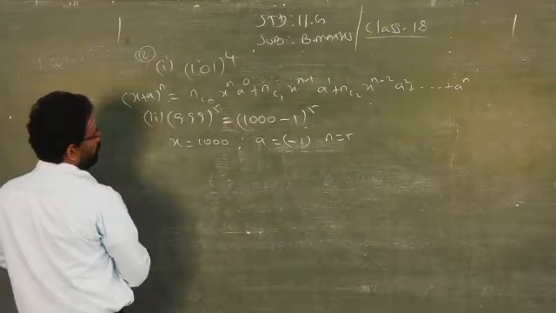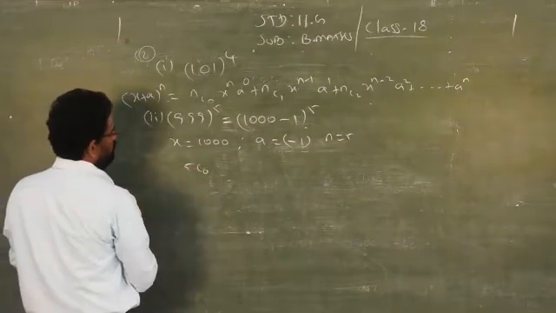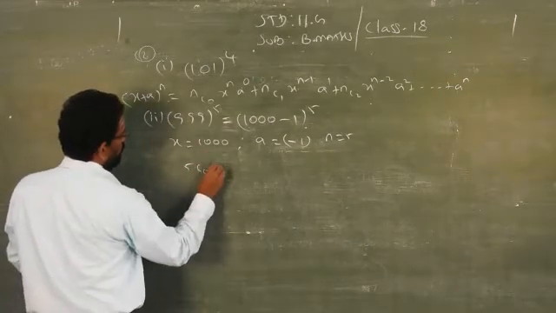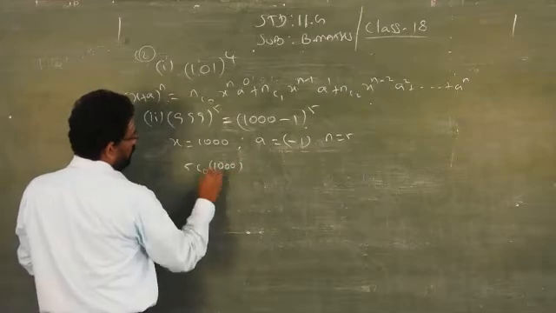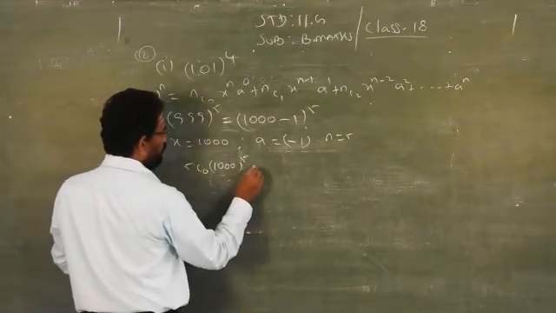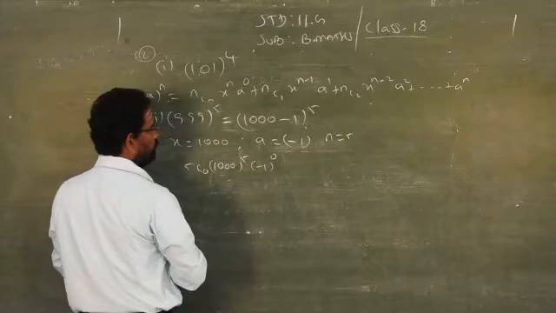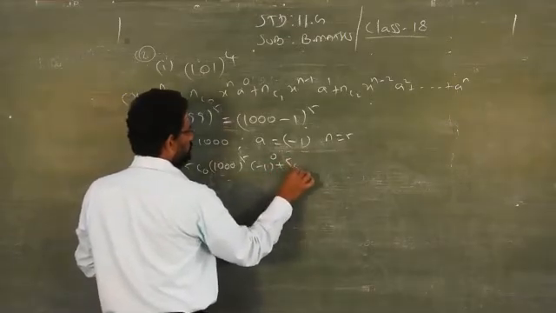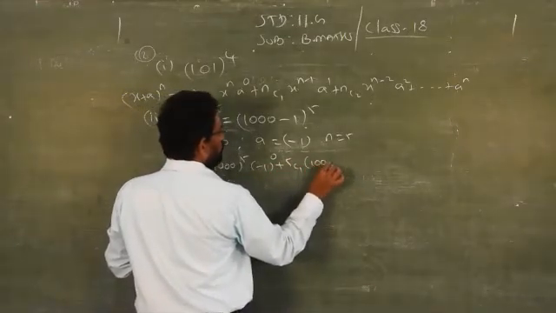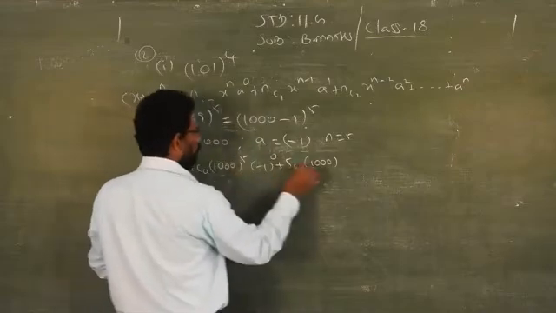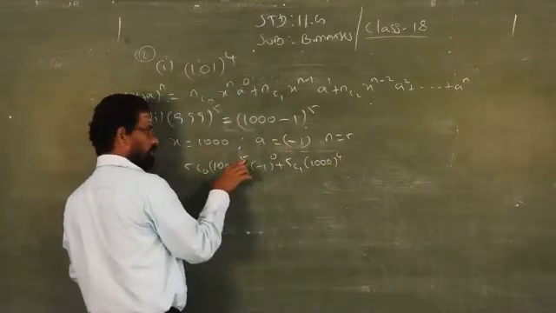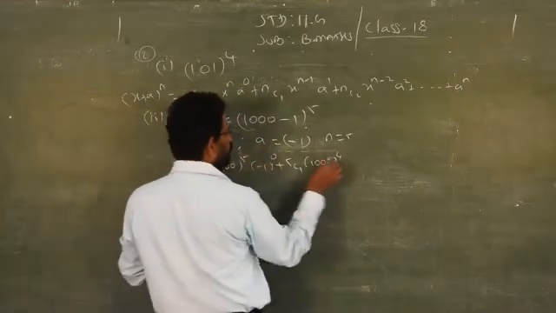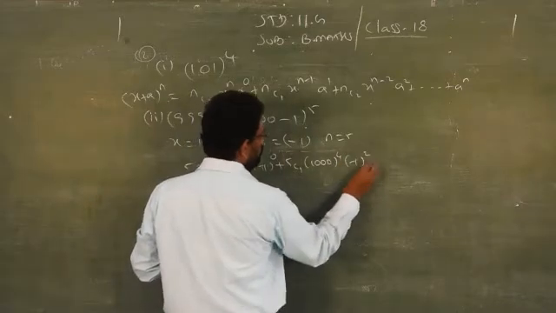So, what is your n? n is 5, 5C0. What is your x? 1000 power 5. a is minus 1 power 0, plus 5C1 1000 power 4, because you reduce 1 in the power, 5 minus 1 is 4, and add 1 to the power of a, that is 1.